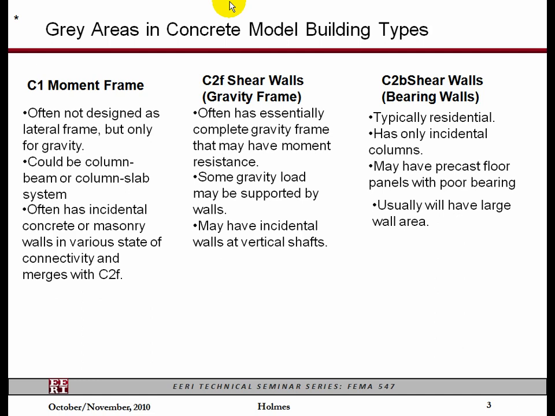The C2B may have these precast floor panels, and in the early versions of these buildings, they put the precast spancrete or whatever it was on either often reinforced masonry, but also precast or cast-in-place concrete, and they may have only 1.5 inches or so of bearing, so it's a very scary system.